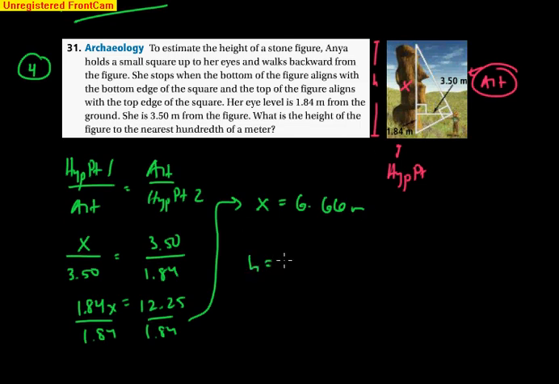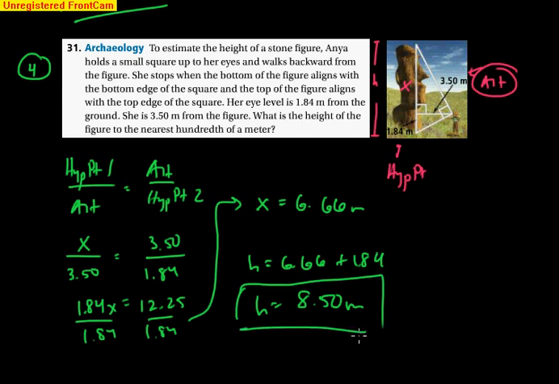So to find the height, we're going to take 6.66 and add it to 1.84. So 6.66 plus 1.84 gives me 8.50 meters. And there's the height of this stone statue.